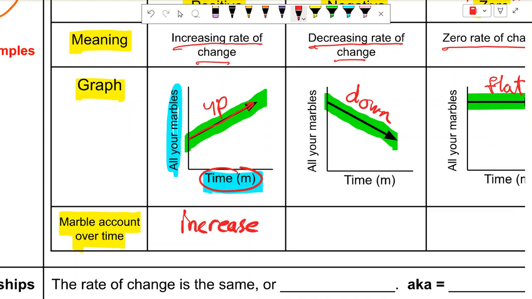That's a good thing. On this next one, over time in minutes, your marbles are what? Decreasing, they're going down, and you are losing your marbles. And that is known as a decrease. Your marbles are decreasing, and that is not good at all.